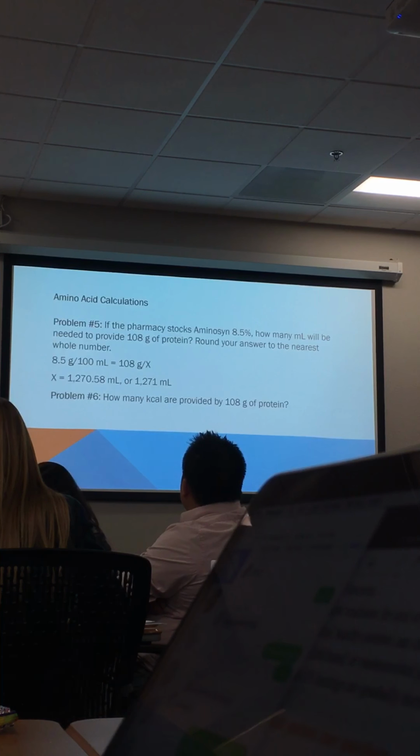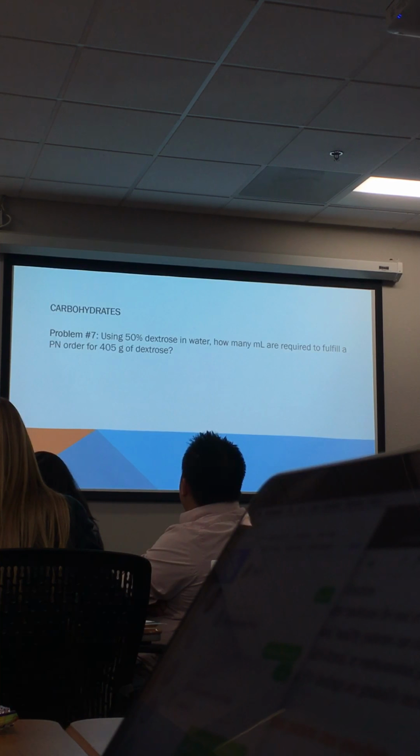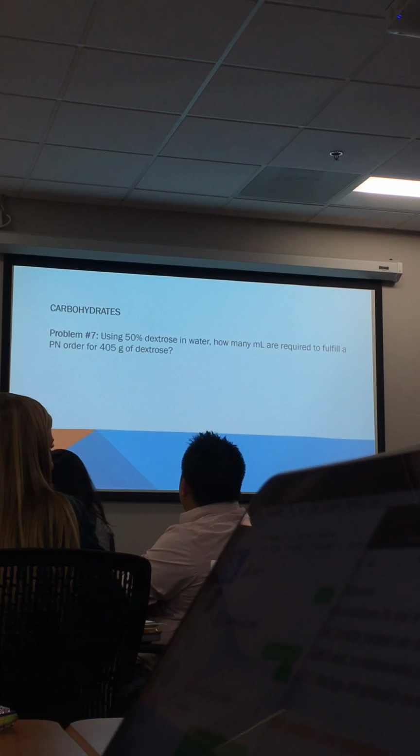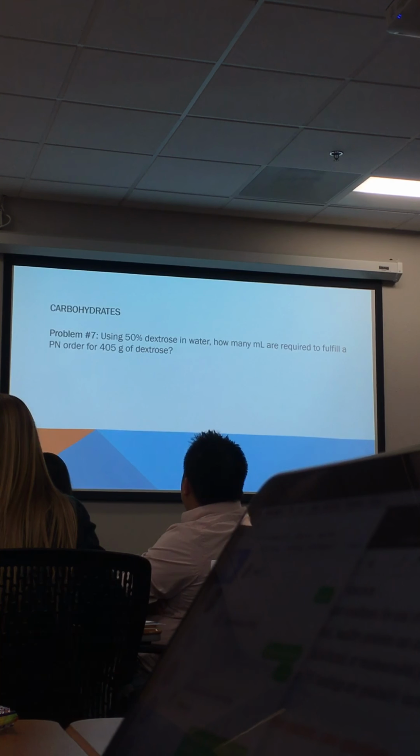Okay, so the next one is very easy. Similar to before, you get the milliliters, and then you have a percentage, and then you can get the milliliters. And in this question, even though it's not protein, it's carbohydrates. We know in PN, carbohydrates means dextrose, right?